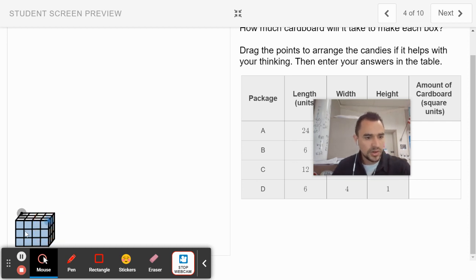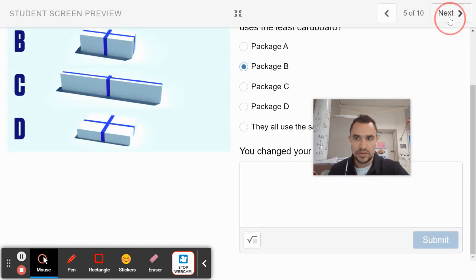So 4, 8, 12 on the side, and it goes 3 deep, so that's 12, 24. Oh, that's 36. I don't want that. Let's do 4 on the side, 2 width, 3 high, because that's going to give us 12, 24 candies. So 4 length, 2 width, and 3.